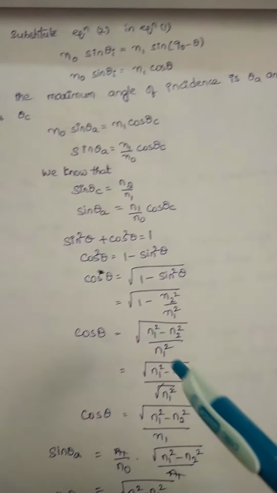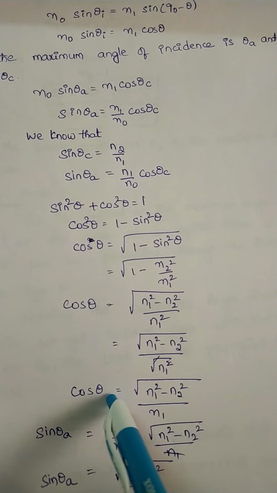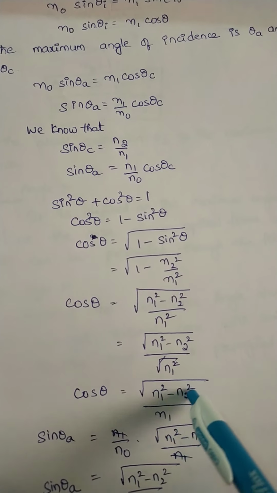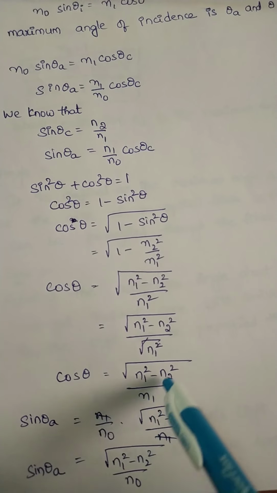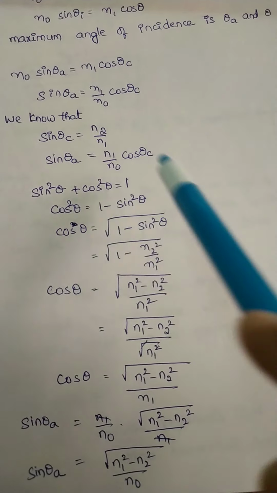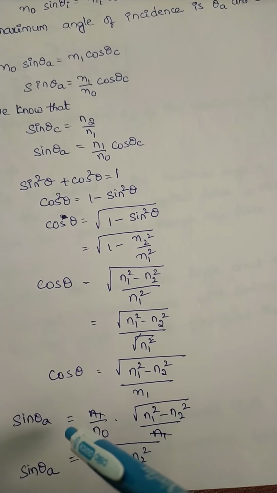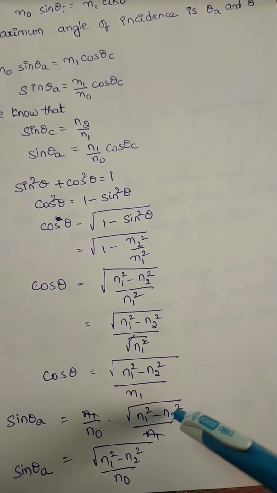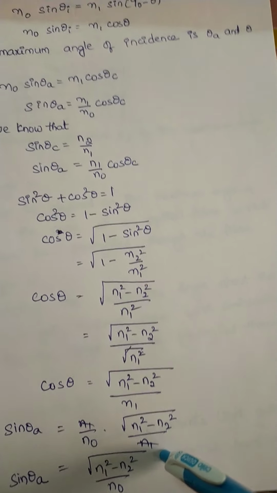So cos theta C is equal to root of n1 square minus n2 square by n1. Now substituting this value in the equation, sin theta A is equal to n1 by n0 into root of n1 square minus n2 square by n1.